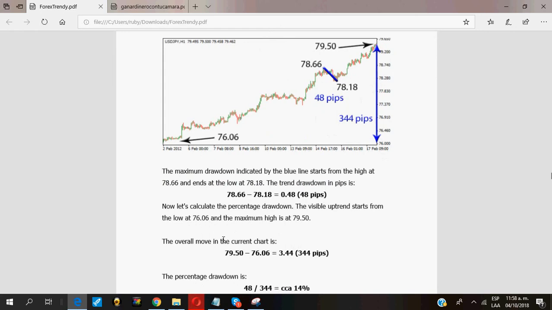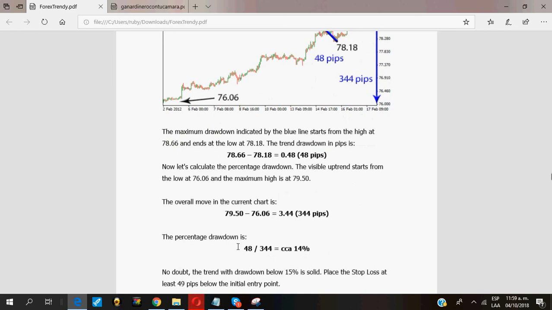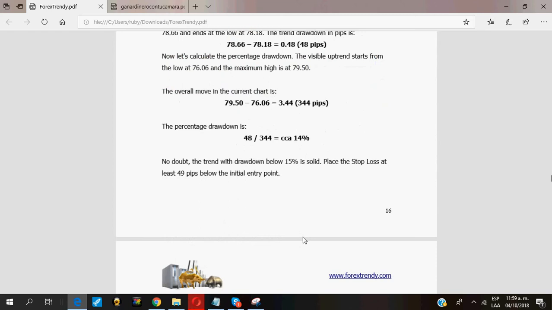The overall move in the current chart is 79.50 minus 76.06 equals 344 pips. The percentage drawdown is 48 divided by 344 pips equals 14%. No doubt, the trend with drawdown below 50% is solid. Place the stop loss at least 49 pips below the initial entry point.